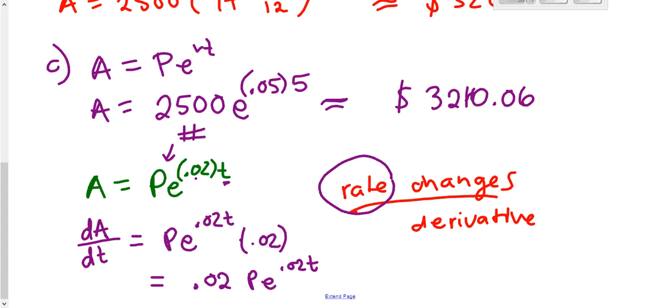Okay, so if they ask us for a rate, we are taking the derivative. And then they might ask you to plug some time in or a principal or anything like that. They might ask you some questions about that. But just keep in mind, remember, rate of change is always taking the derivative.